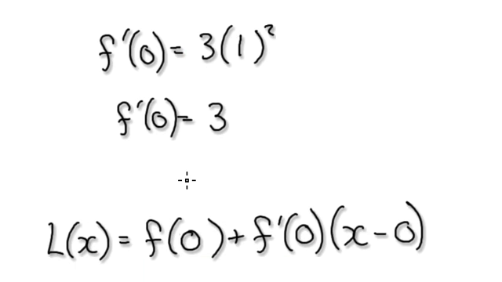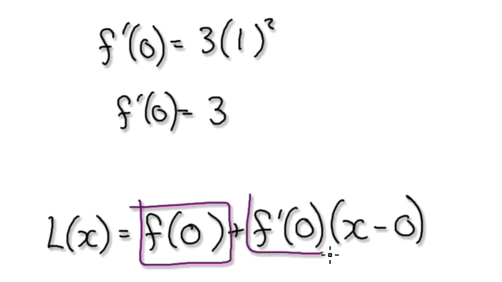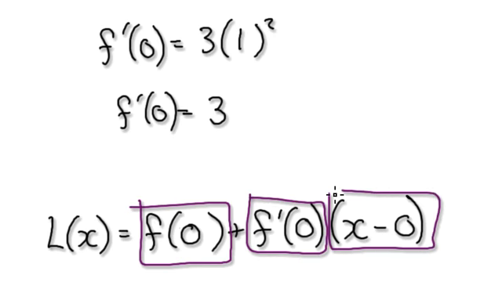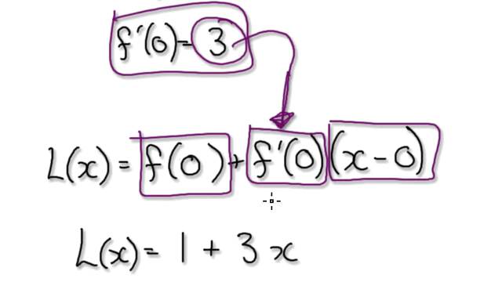Okay, so now looking back at our equation here, it would be L of x equals, well, this thing plus this thing times this thing here. Well, don't forget this bit here represents the gradient at x equals 0. So we just worked it out to be 3. So we can put this 3 into this block here. That will then give us this.